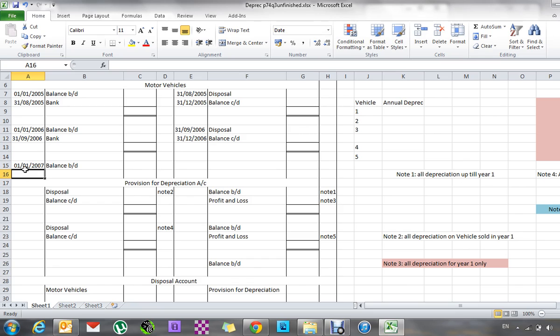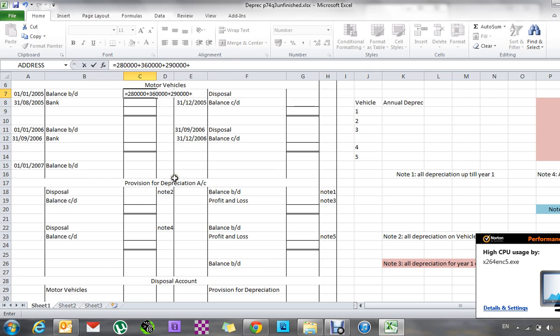Okay, so the amounts of money to go in. The first thing is how the beginning is. If I add together the value of all my vehicles, I've got 280 grand plus 360 plus 290, and then plus, is there something else fitted to the vehicles?